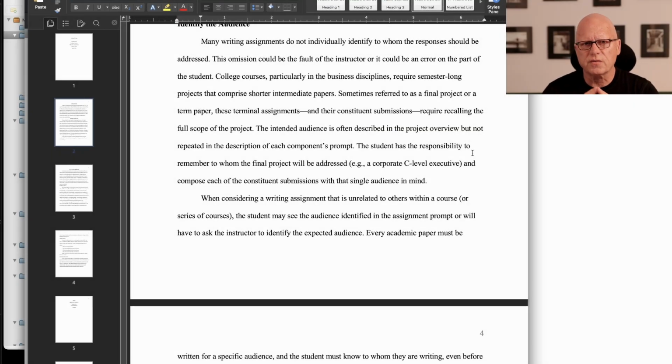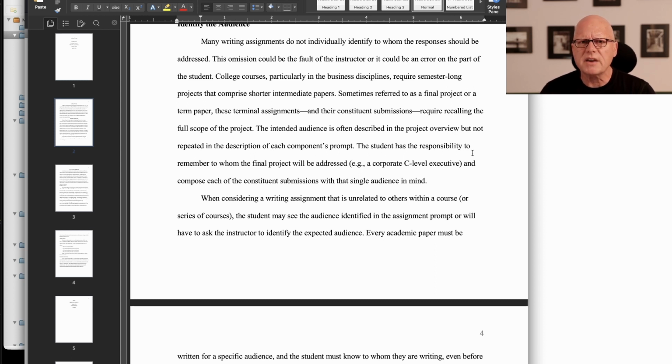Where I have observed some challenges in student identification of their intended audience has arisen when either I failed to clearly tell the students, write your paper for this audience, or when I have assigned long-term projects, for example, a semester-long project that requires multiple component papers to be written and then combined together into a final project term paper.